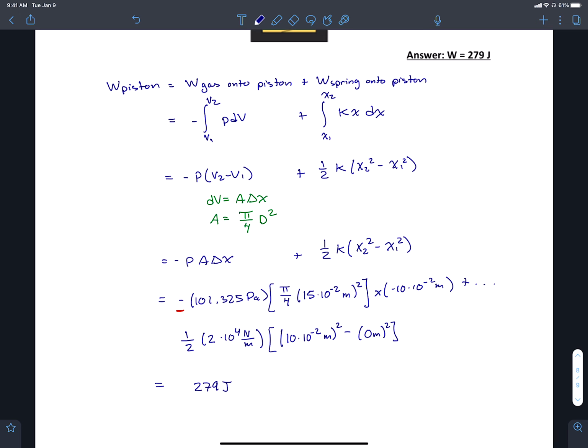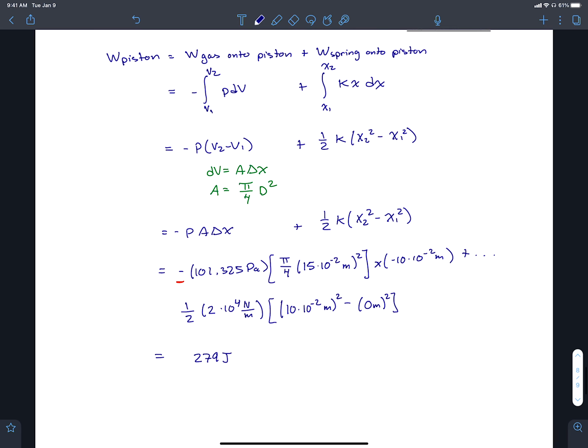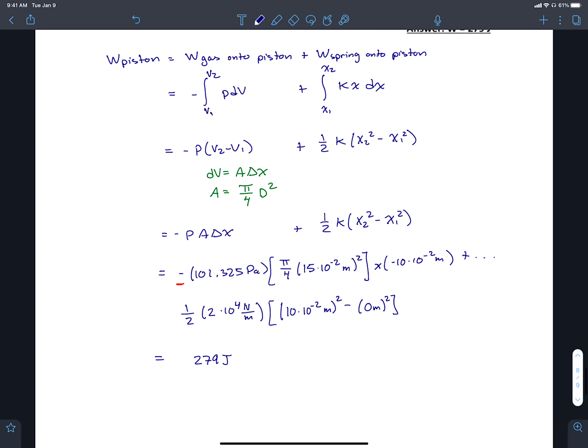I'll use E, capital E, for exponents to make sure that it's not as confusing next time. So this is a negative, this is a times, this is a times, this is a times, and this is a comma. Hopefully that's clear.